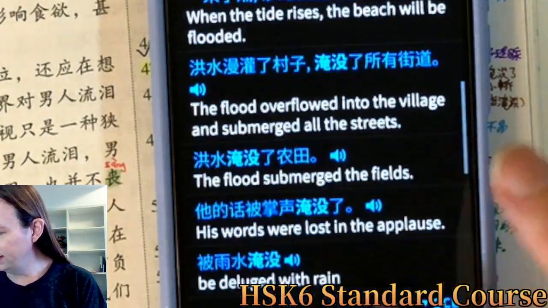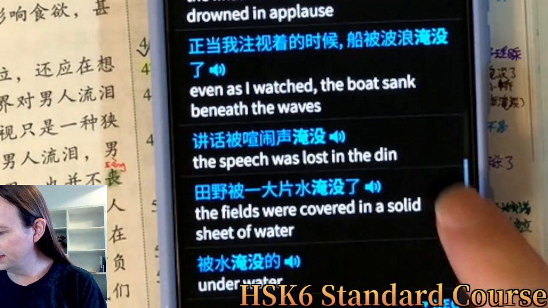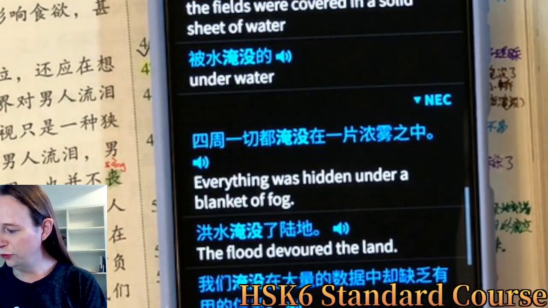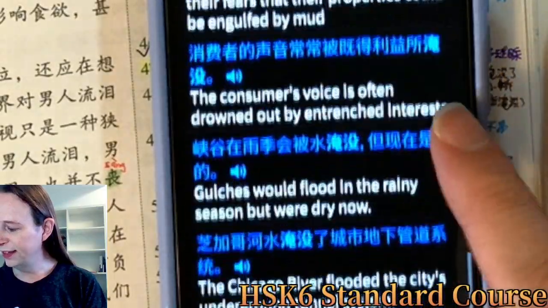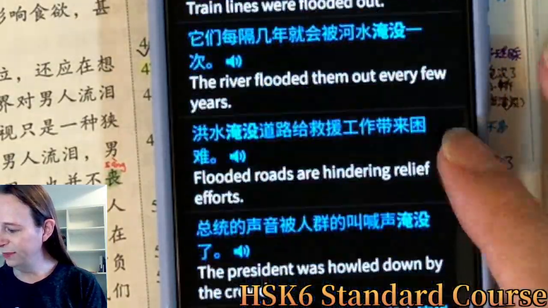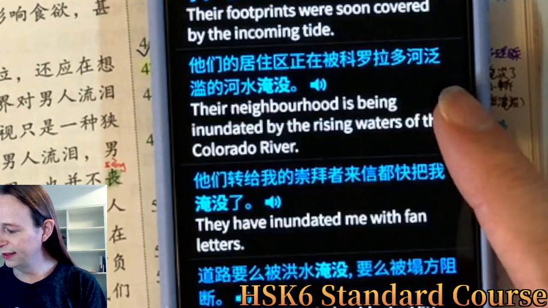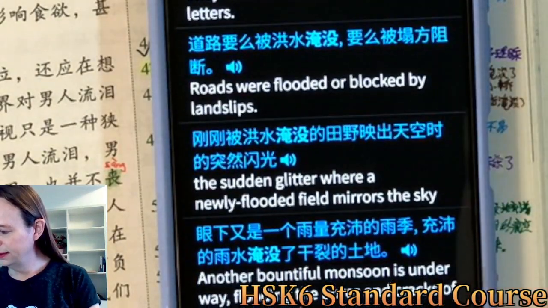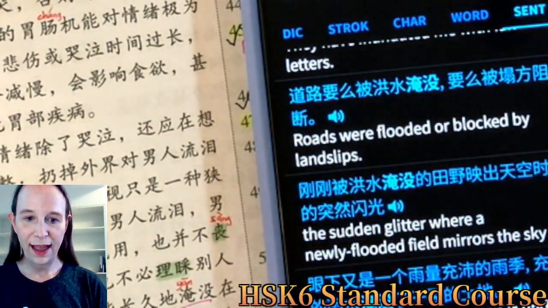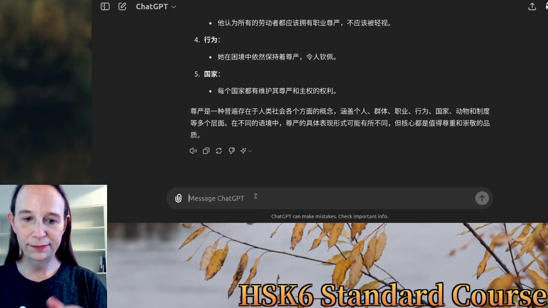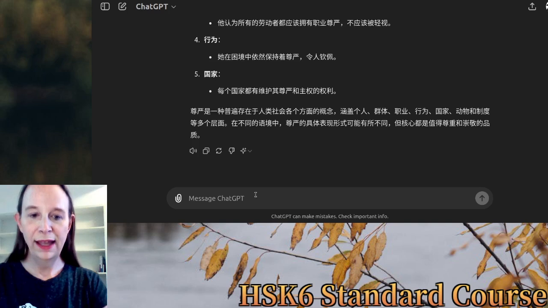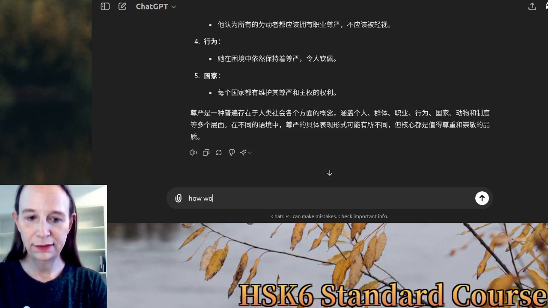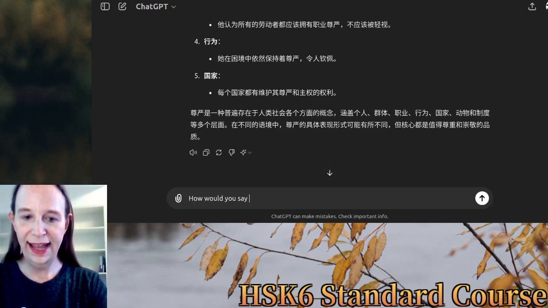It can also mean drown in the sense of, like, literally in water, right? A person died because of drowning, right? But where are all the examples? Okay, so how would you say many people on the Titanic drowned?